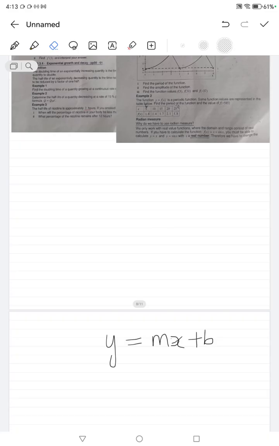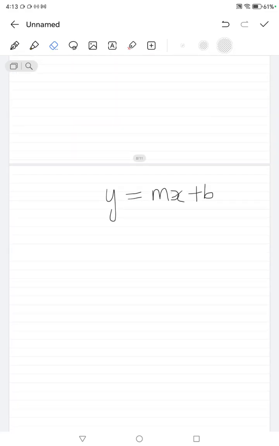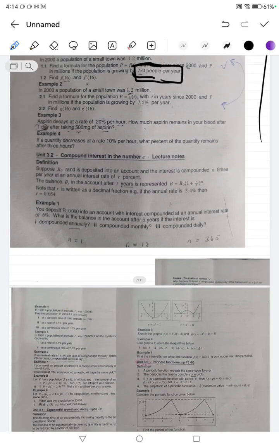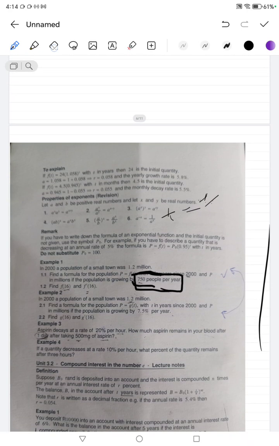We have y is equals to mx plus b. Then they'd say to you the population is growing by 750 people per year. This will be the same as them giving you your m. Then we have to check the units that are given.